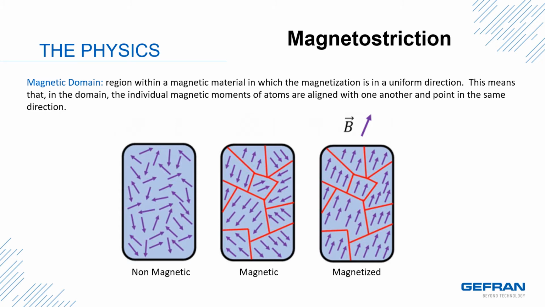In the pictures below, the area within the red lines is a magnetic domain, and each arrow represents billions of atoms. The non-magnetic material has no clear magnetic domains. In the magnetic material, there are magnetic domains, but they are random and not entirely aligned. In magnetized material, the domains are aligned parallel to each other and produce a strong magnetic field.